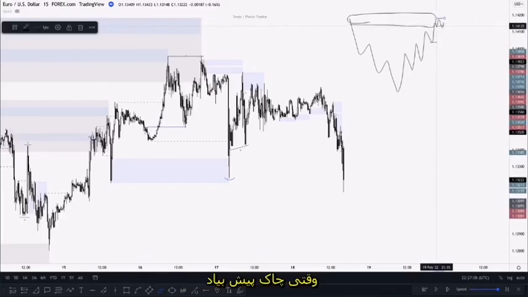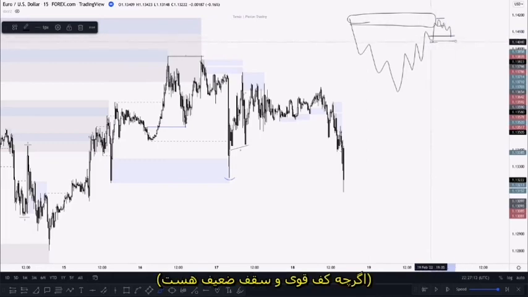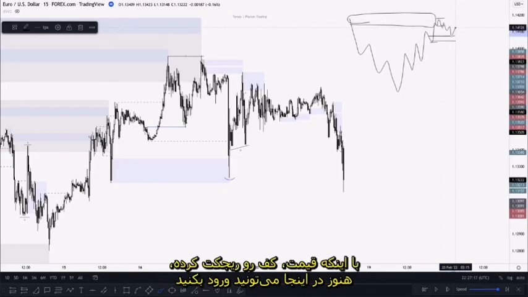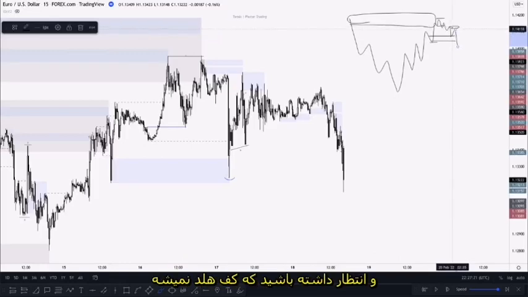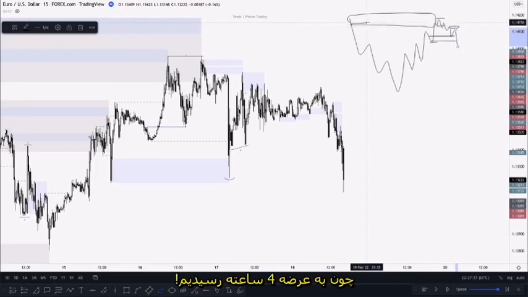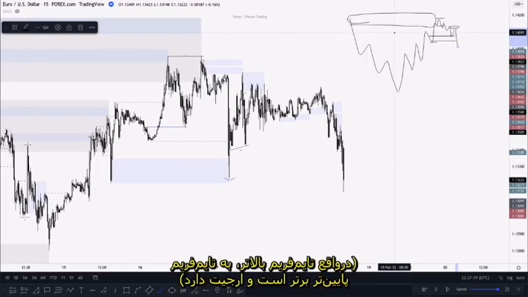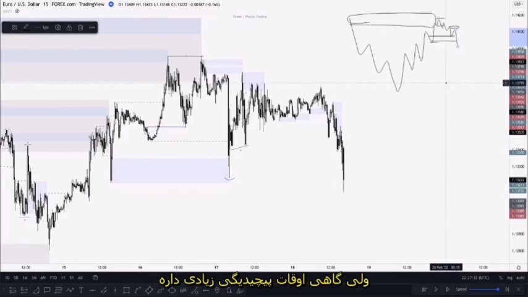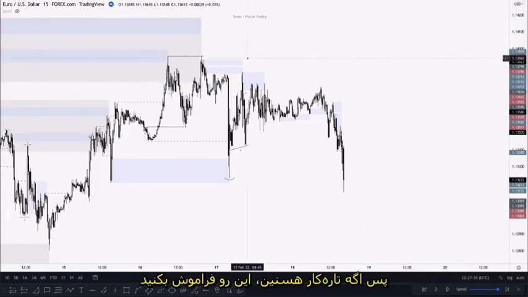Once a choch happens, you can take the pullback, and even though the low is strong and the high is weak, even though price rejects the low, you can still get involved here, anticipating that the low will not hold because we reached a 4-hour supply. Basically, the high time frame overrides the low time frame, but this is a little bit more complicated. If you are new, just forget this.